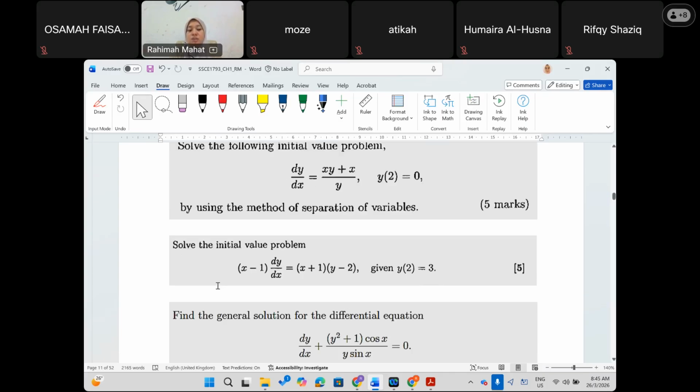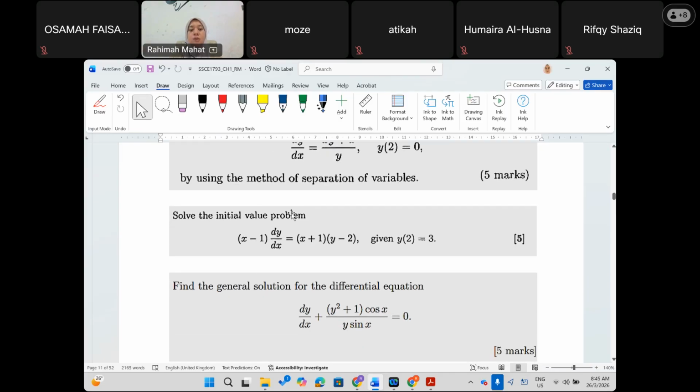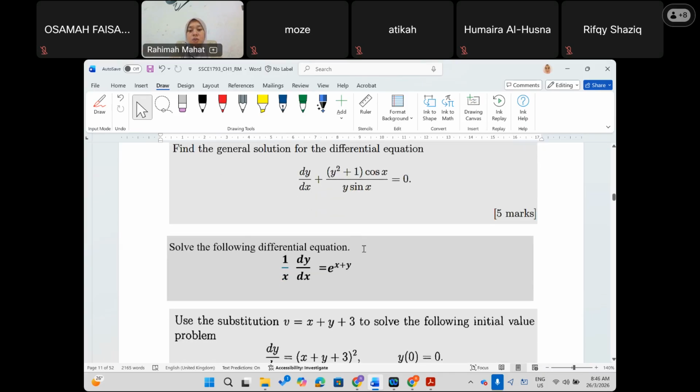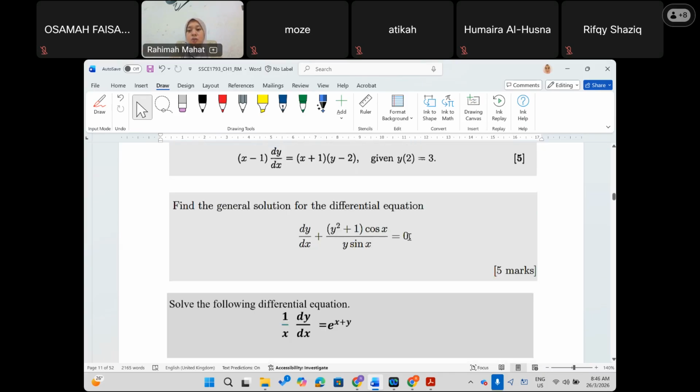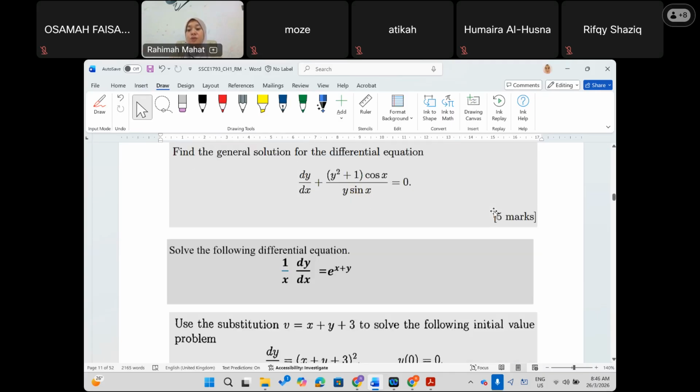That one is the constant. You need to solve the equation here, given to you the IVP, and this is the condition. You may refer to the marks given, which means the solution is not too long, only 5 marks.